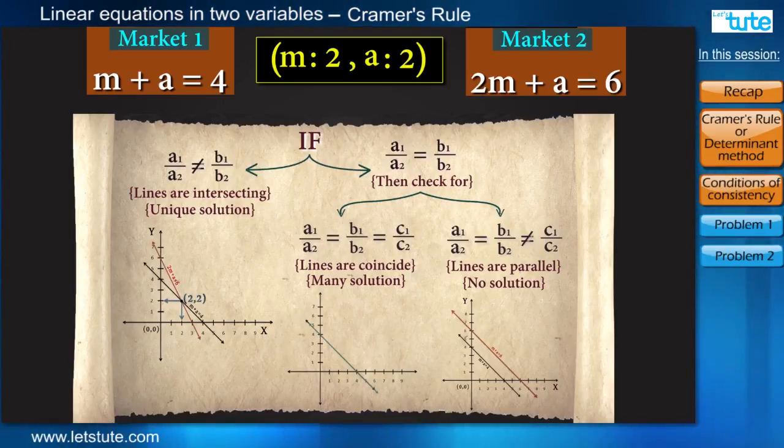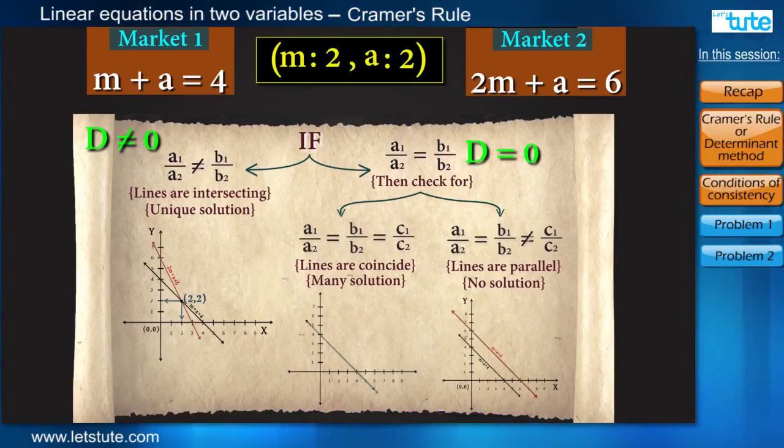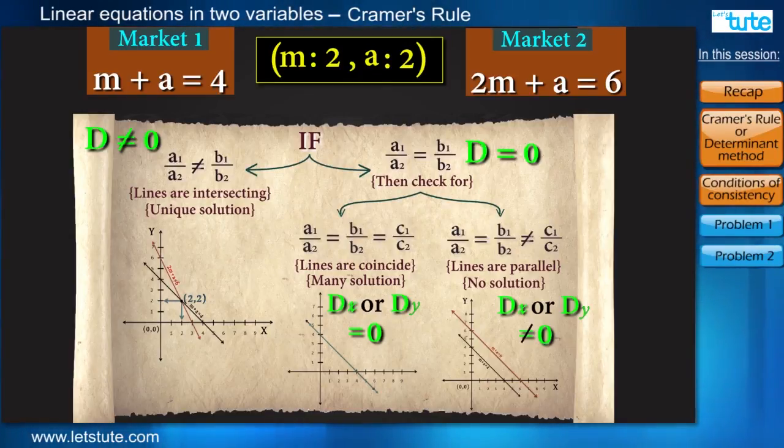Like when D is not equal to 0, we get a unique solution. And if D is equal to 0, then there are two possibilities. Now to check whether lines are coinciding or parallel, we'll check whether Dx or Dy is equal to 0 or not. So this is how we can solve two simultaneous equations by the determinant method and also determine the consistency.